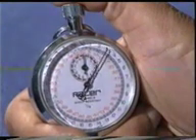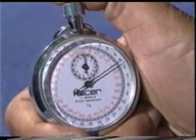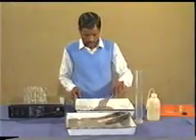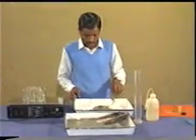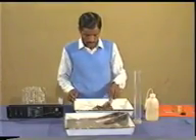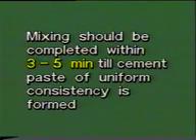Start the stopwatch the moment measured quantity of water is added to the cement sample. Mixing should be completed within 3 to 5 minutes till cement paste of uniform consistency is formed.